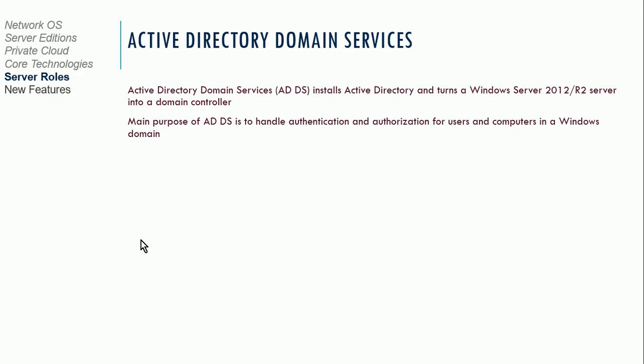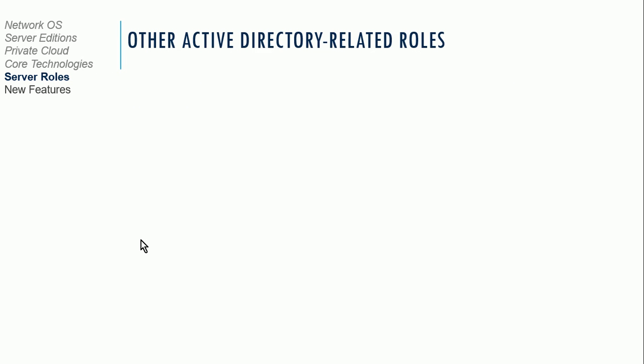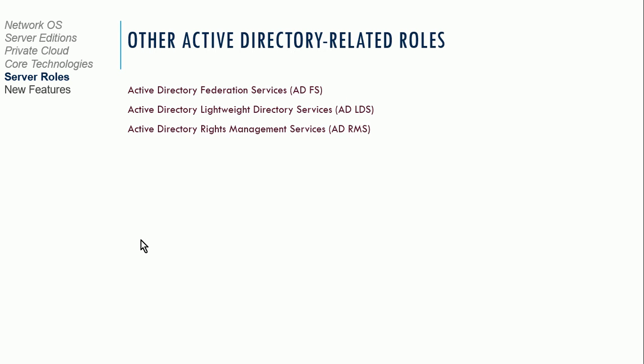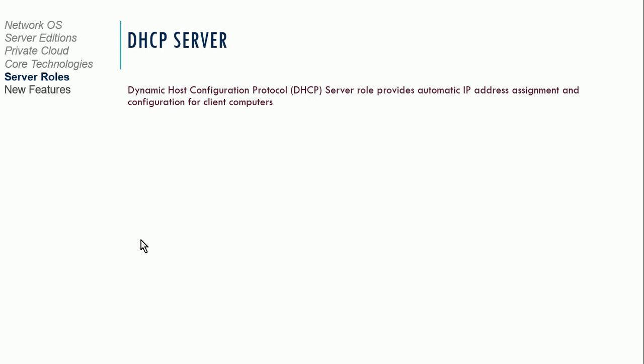It's one of the things I think that has made Microsoft Windows Server so popular in the corporate environment for a variety of reasons, which we'll talk about later on, things like group policy and so forth. There are some other Active Directory related roles that you'll see, like Federation Services, the Lightweight Directory Services, which allows you to connect to things outside the Microsoft ecosystem with Active Directory, Active Directory Rights Management Services, and so forth.